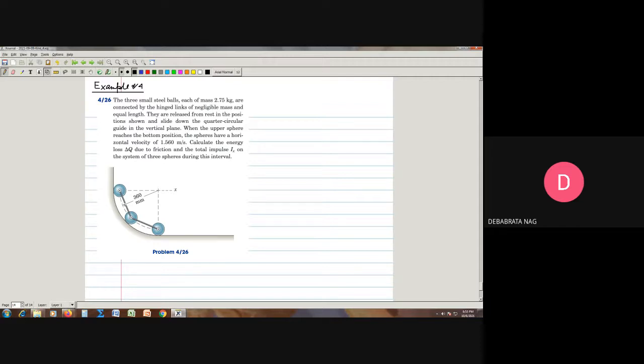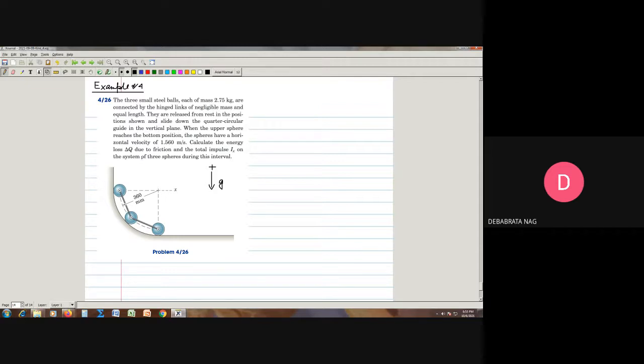When it is allowed to slide down because of gravity, of course this is in the vertical plane, so here g is acting in this sense. This is the acceleration due to gravity.